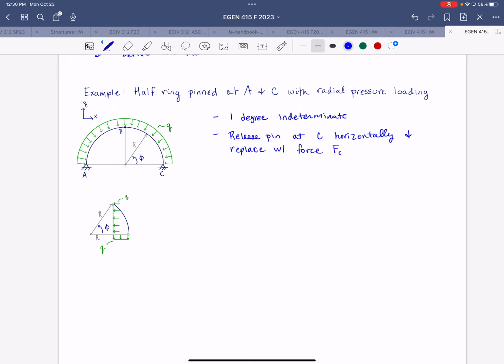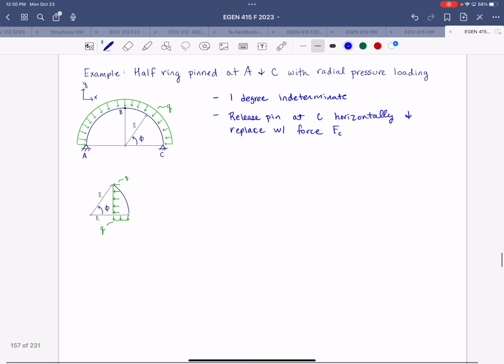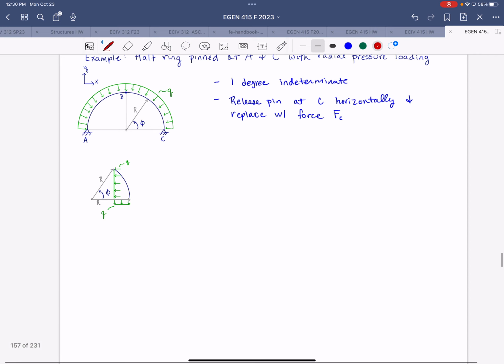We'll call it FC. I'll sketch that down here.